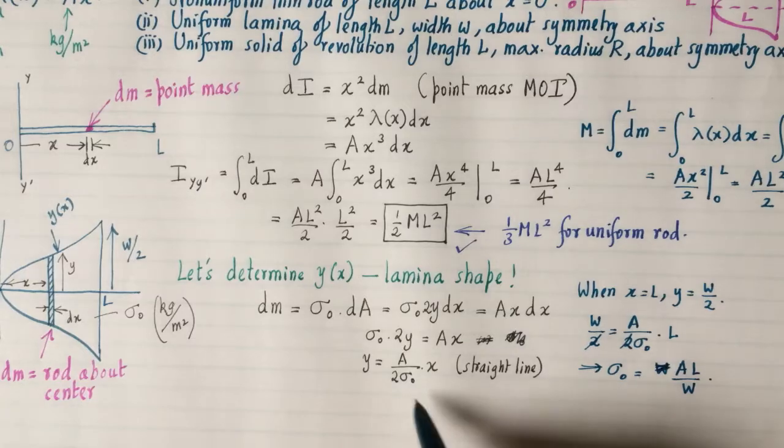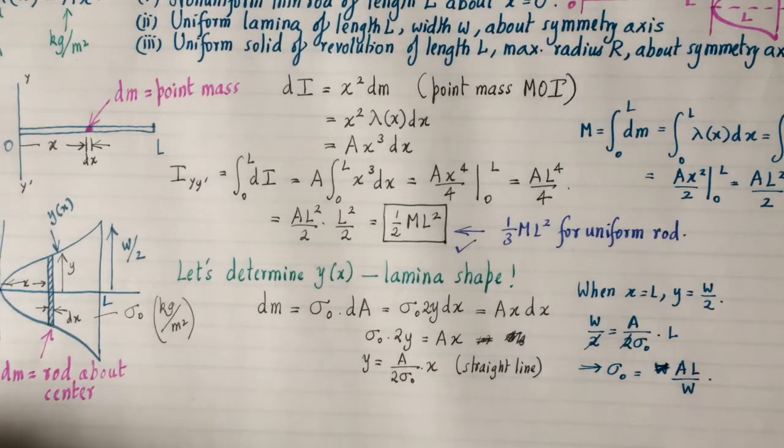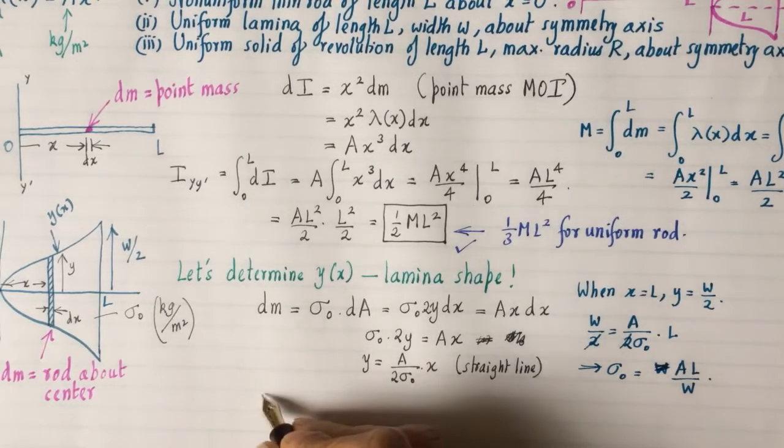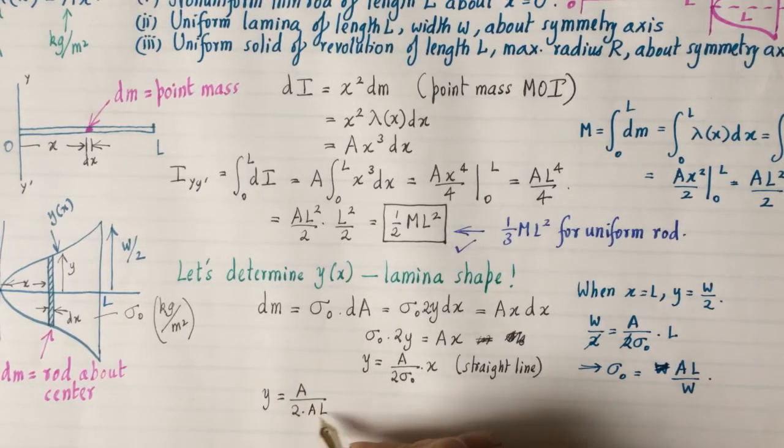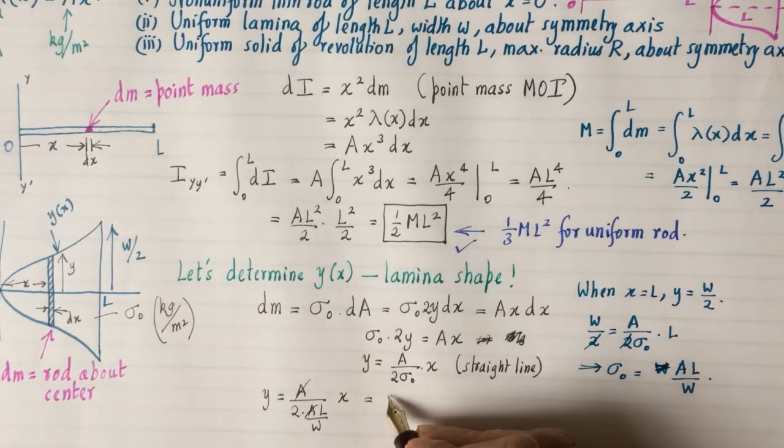So that's great. Now I can find the equation for y. So y equals a over 2 times sigma naught, which is AL over W. The a's will cancel out, times x. So that's W over 2L times x.